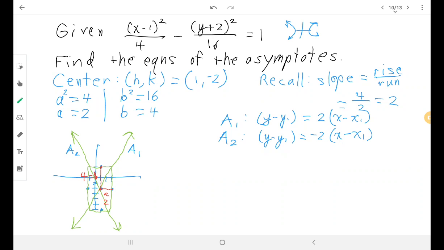So we have those options. We could also look at it as A1 has the equation y equals 2 times x plus some b, and A2 would have the equation y equals negative 2x plus some b.